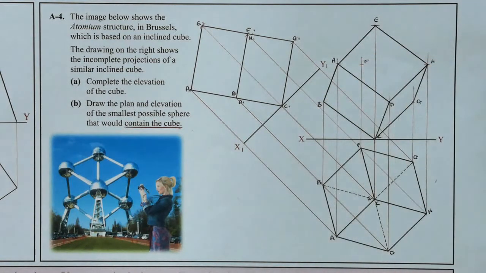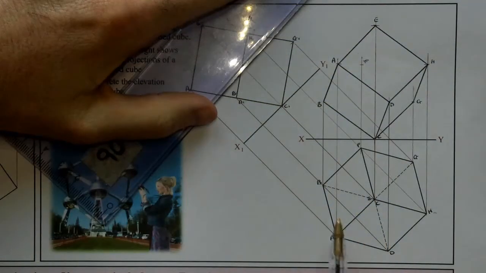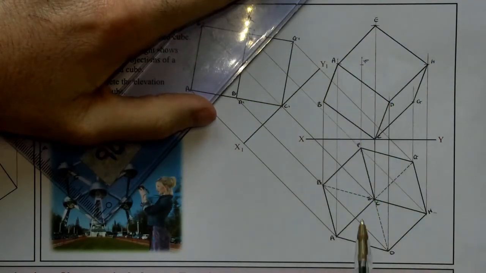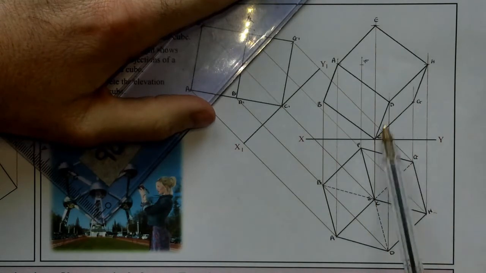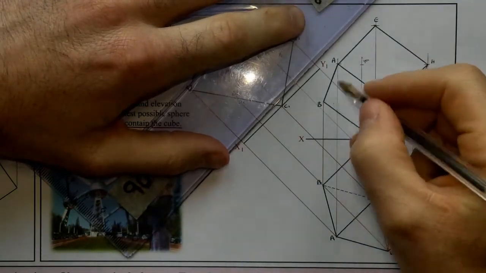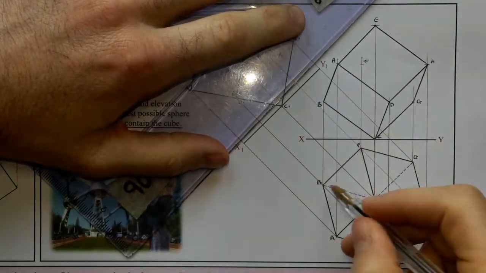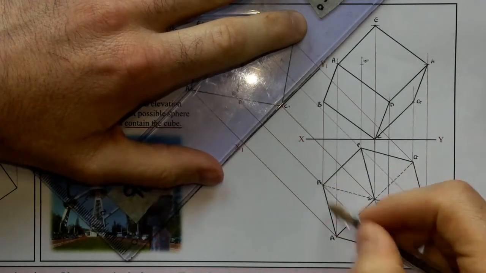And to complete the faces then, I've got all the ones that I have seen. Okay, so I see the face A, B, C and D when I'm looking in this direction. I also would see the face A, D, H, E, and then the other face we see was C, D, H, G. So the faces at the back, I'll have A, B, F, E. So you see it here, A, B, F down to E. So that face there.